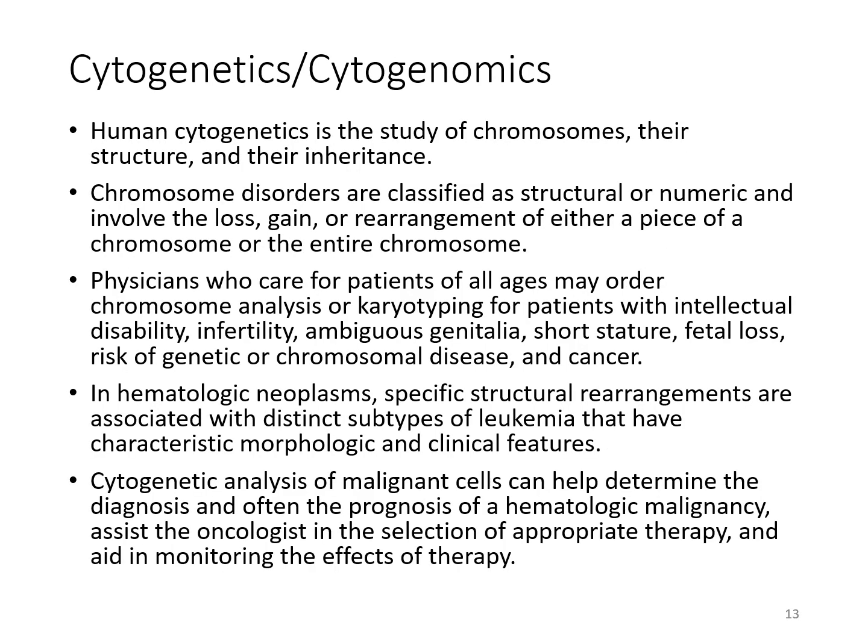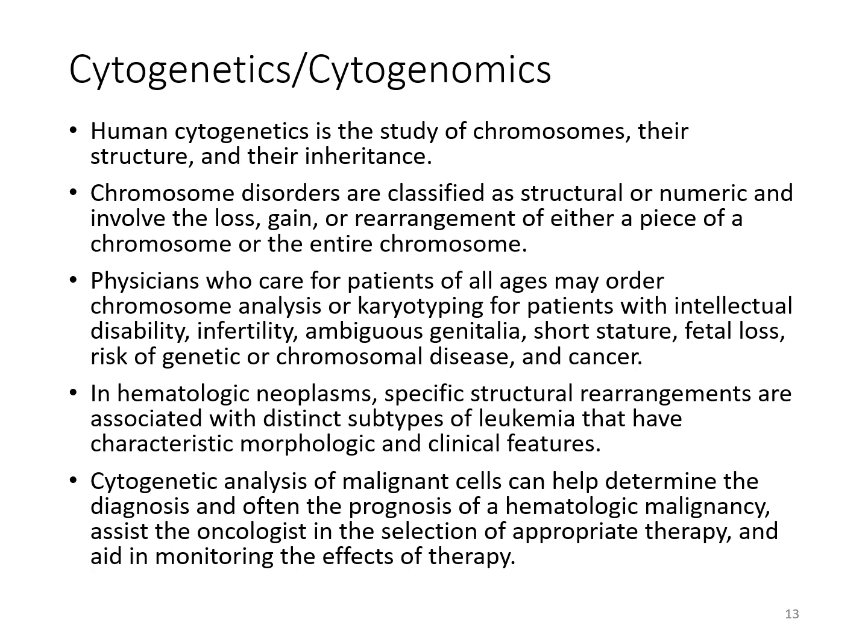So human cytogenetics is the study of chromosomes, their structure, and their inheritance. Chromosomal disorders are classified as structural or numeric and involve the loss, gain, or rearrangement of either a piece of the chromosome or the entire chromosome.